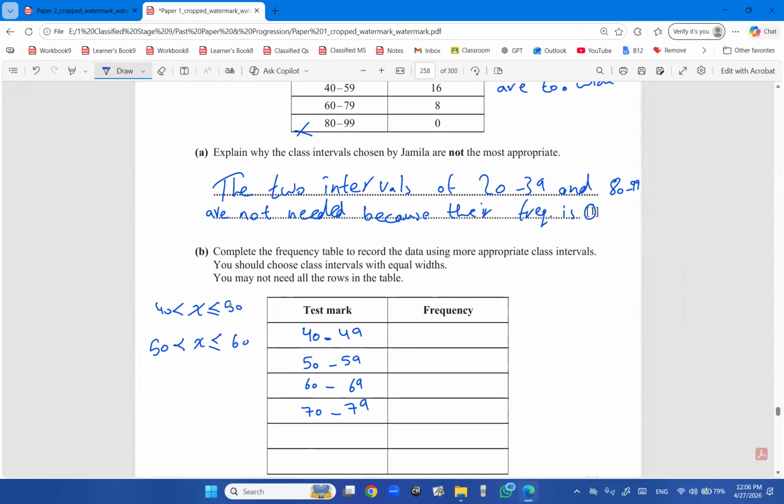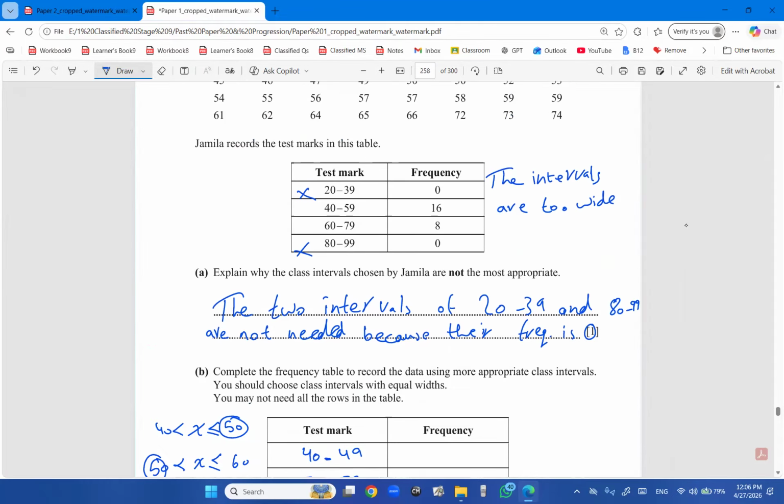This is accepted in inequalities because in the first one the 50 is included, while in the second one the 50 is not included. But here, no. If it is not included, don't write it. It is from 40 until 49. The 50 is not there; the 50 is included over here. So make sure you don't repeat the end or the beginning of each interval. This is the right answer.